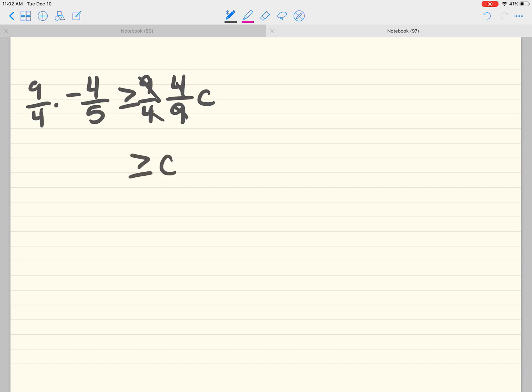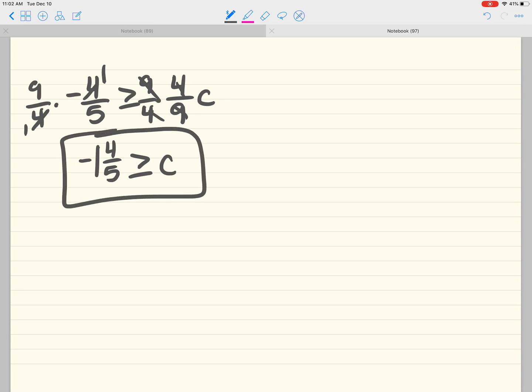What can you simplify here? 4 and 4. So you would get what? Negative 9/5. Okay, which would be negative 1 and 4/5. Now, here's where you have to be careful, right? Notice your variable is on the right side and not the left. So, when I plug in a number, what type of number am I plugging in?